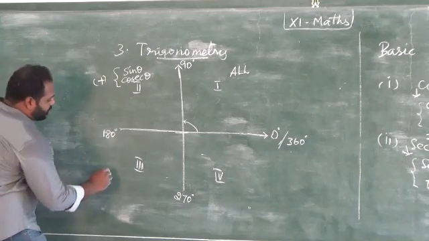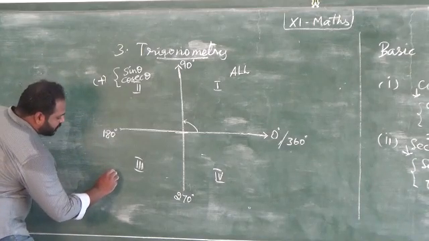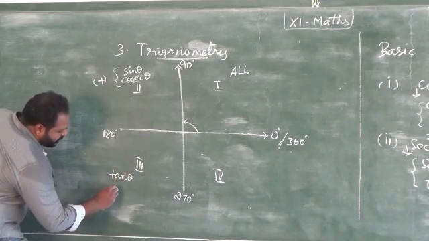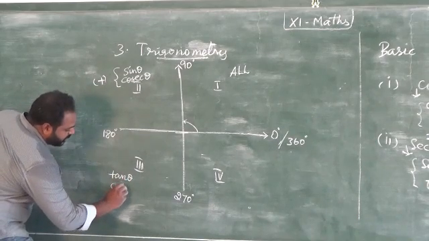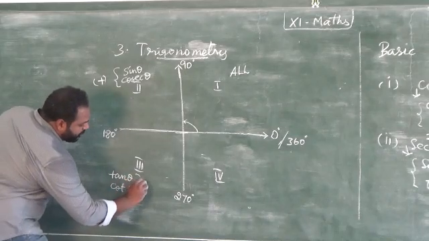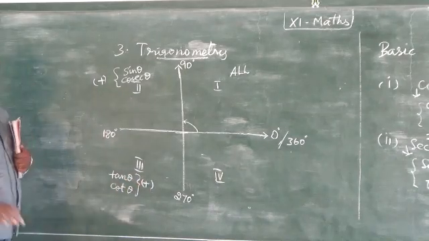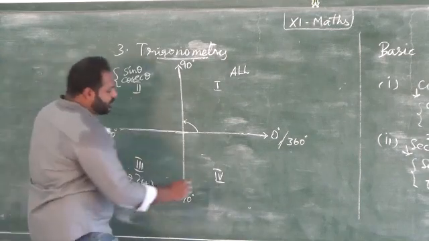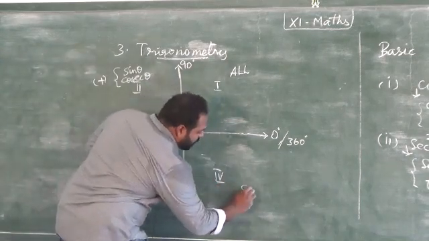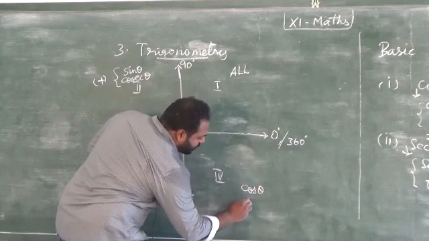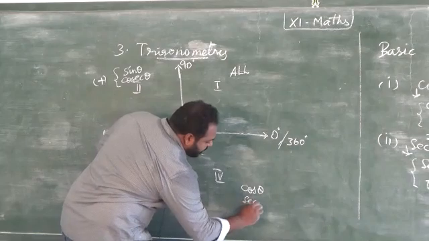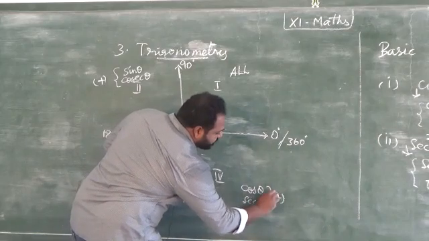In the third quadrant, tan theta and its reciprocal cot theta alone are positive. All the other 4 ratios will be negative. In the fourth quadrant, cos theta and its reciprocal secant theta only are positive.